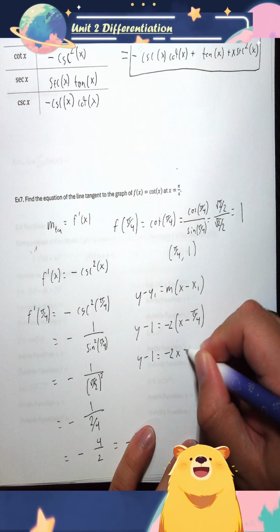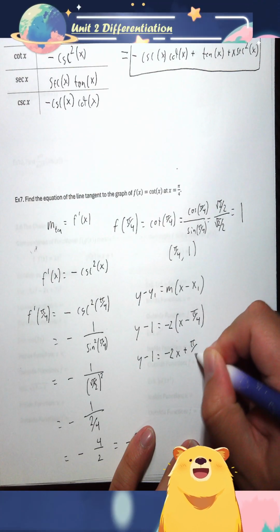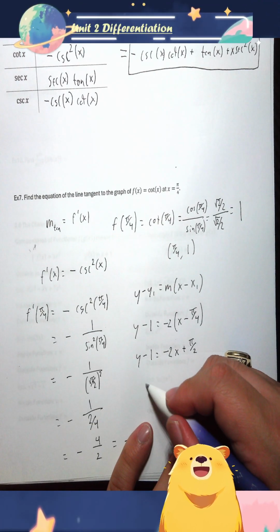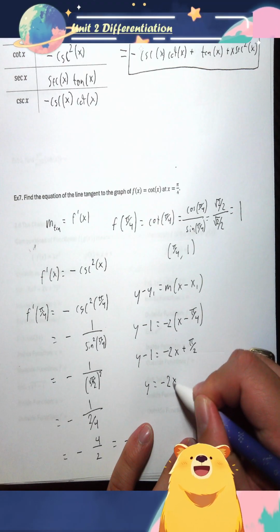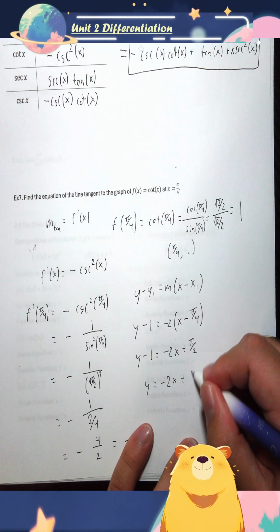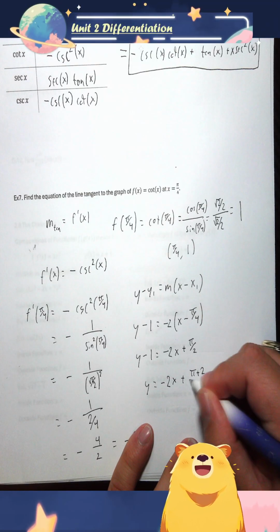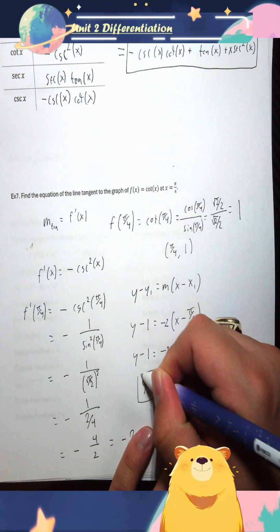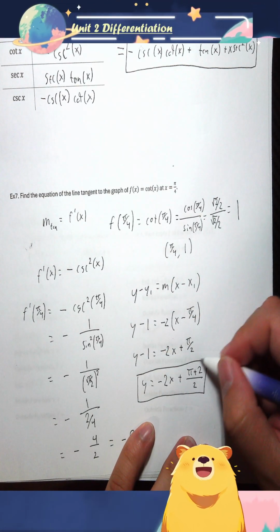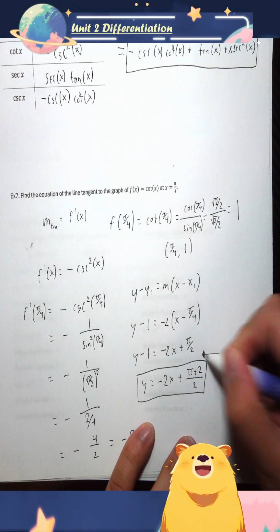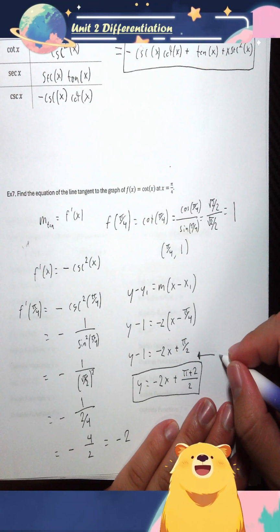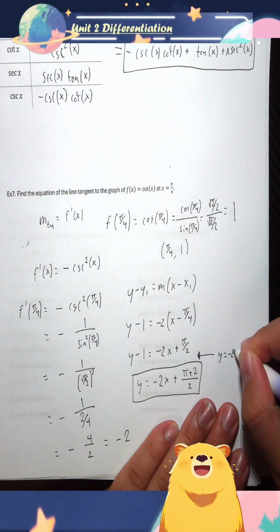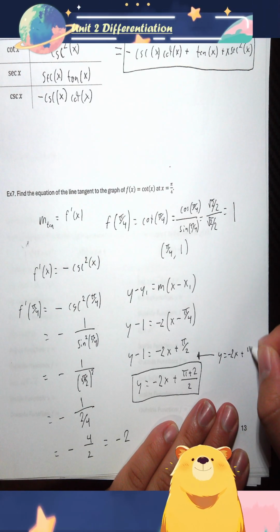Negative 2x plus pi over 2. And then we add the 1. Negative 2x plus pi plus 2 over 2. And that would be your answer. Actually, you maybe didn't even need to combine the fraction at all. I probably would have taken this as a correct answer.